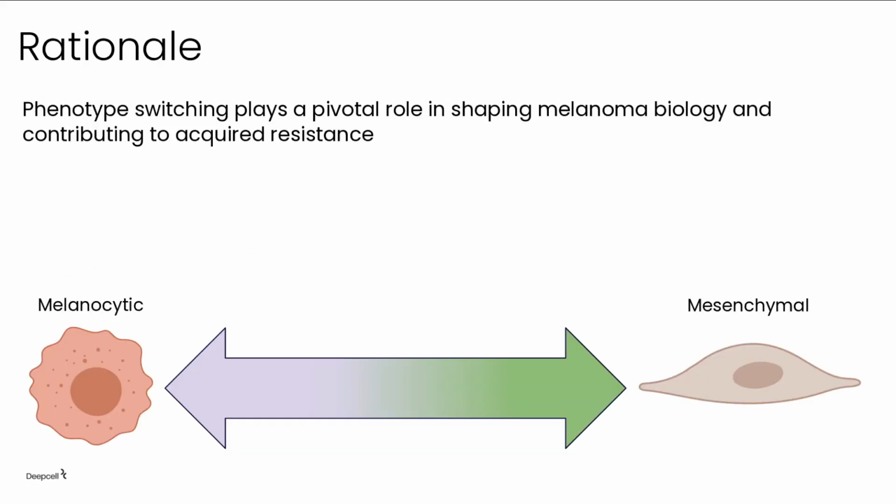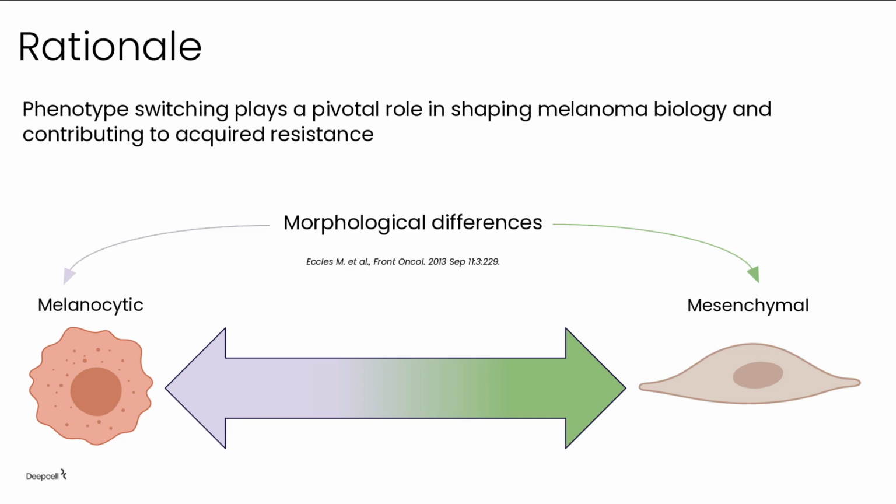And because of this important role of phenotype switching in shaping melanoma biology, but also resistance, we wanted to find a way of how we can detect these phenotypes in an unbiased and also label-free manner. And of course, that's why we focused on morphological differences, because what we can see here is that melanocytic and mesenchymal cells also have different morphology as a consequence of this phenotype switching.